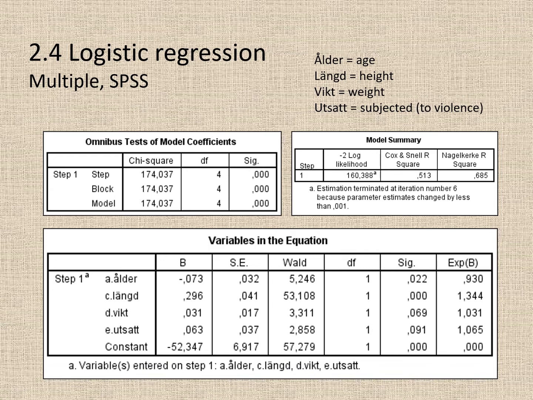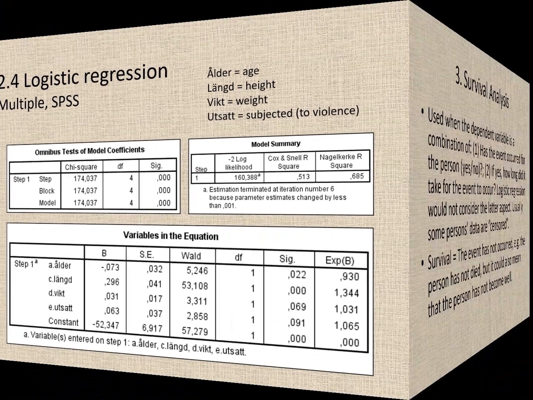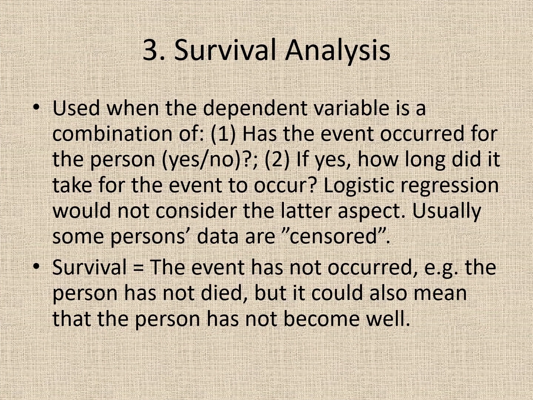So survival analysis. When do we use this? Okay, so we have a combination of 2 variables. We have a dichotomous outcome, a certain event that we're interested in. Has it occurred or not? So 0 or 1, yes or no. However, if the event has happened, then we also have information about when it happened. How long did it take for the event to happen?